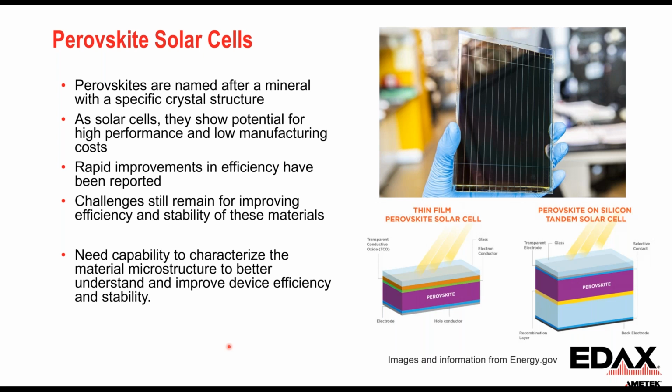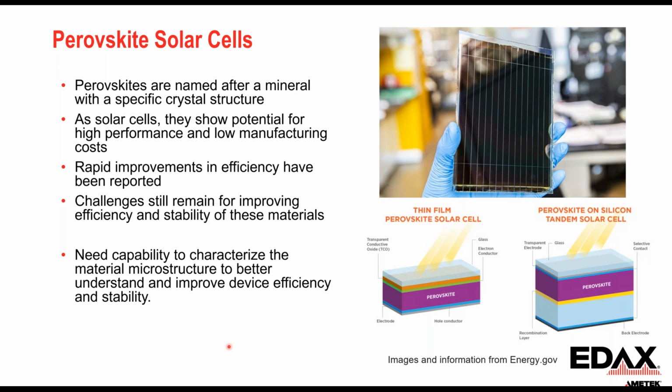So what can we do with this? The application we've really keyed in on is Perovskite solar cells. Perovskite is a term for a specific crystal structure that comes from a mineral, but you'll hear about hybrid Perovskites now. They're becoming more and more of interest because they show a lot of potential for high performance and low cost manufacturing.